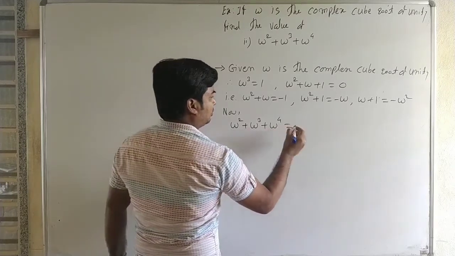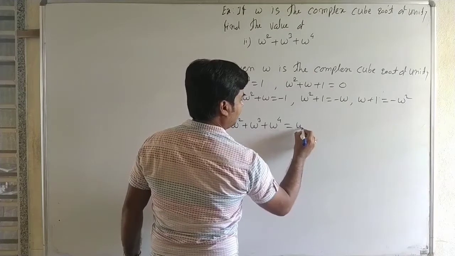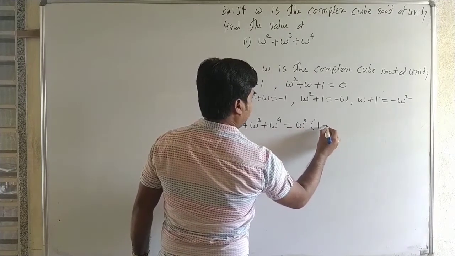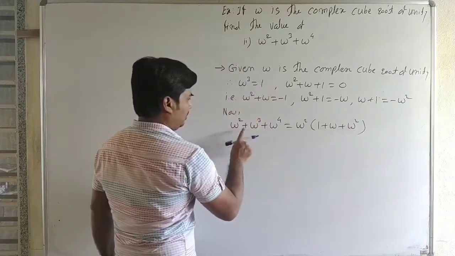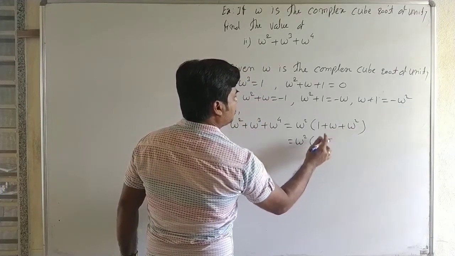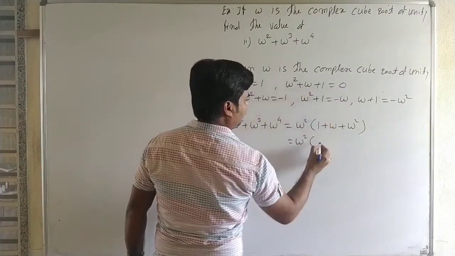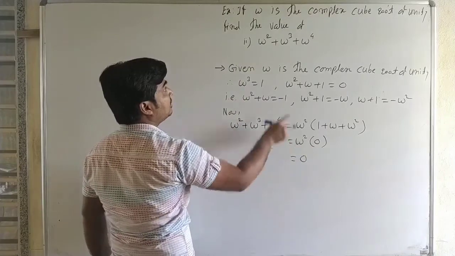But here, in 3 terms take omega square common. Then we have 1 plus omega square, and then it is omega square into, it is a 0. And therefore the value of this is 0.